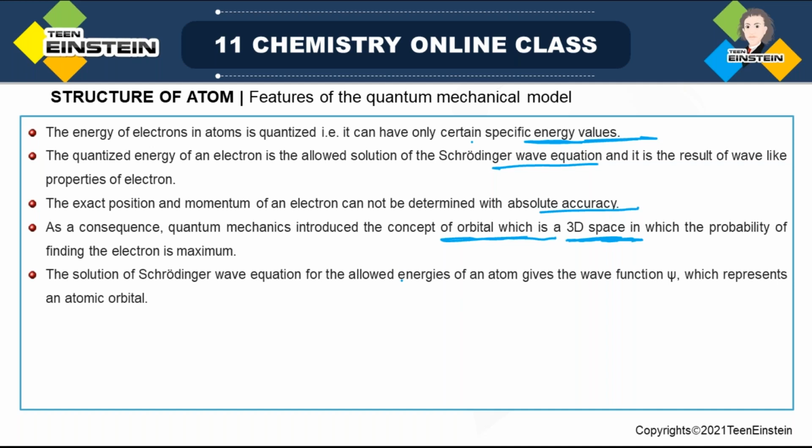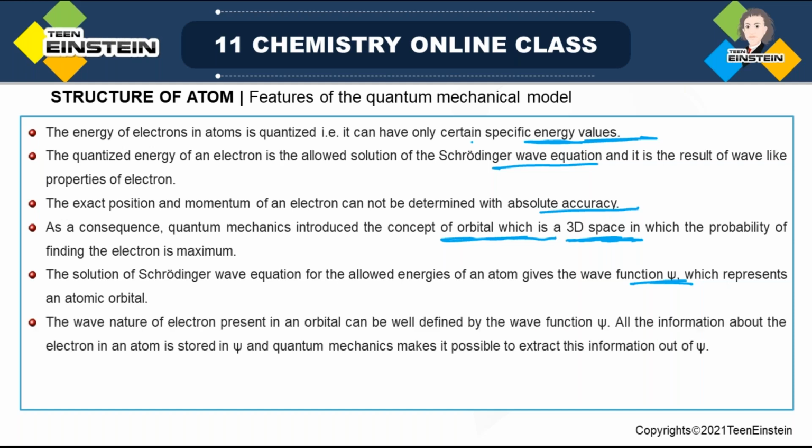The solution of this equation for the allowed energies of an atom will give you this wave function psi, and this psi is the atomic orbital. The wave nature of an electron present in an orbital can be well defined by this wave function, because it is a wave function, so obviously wave nature can be represented by it. All the information about a particular electron in an atom is actually stored in this psi.